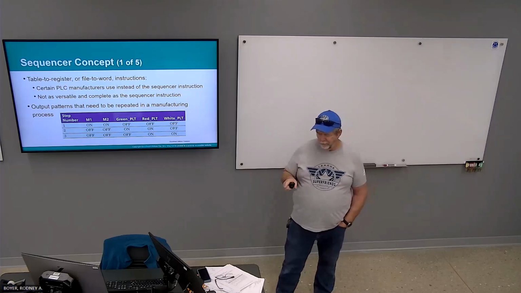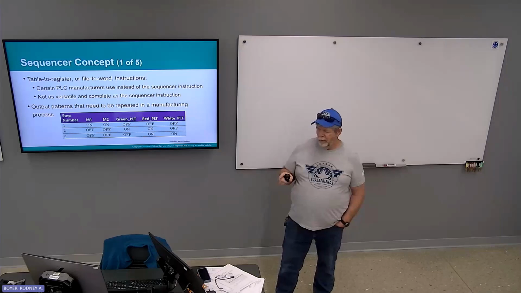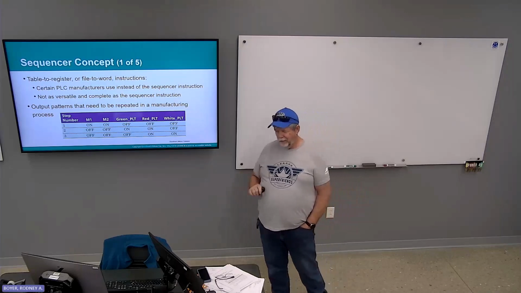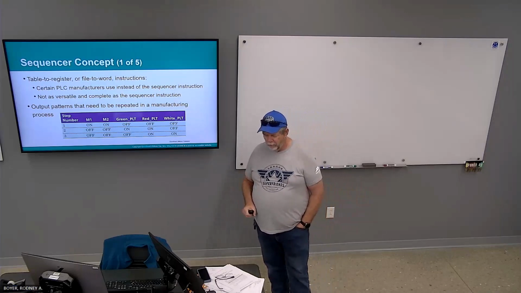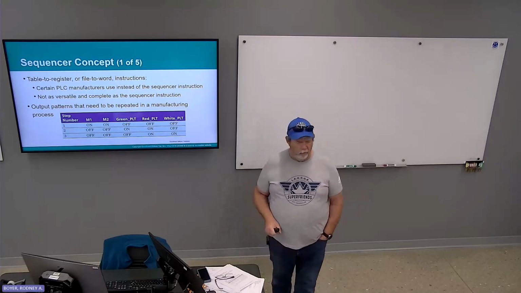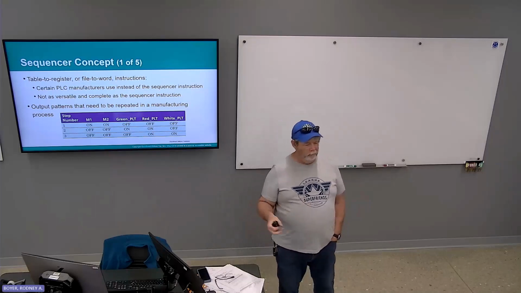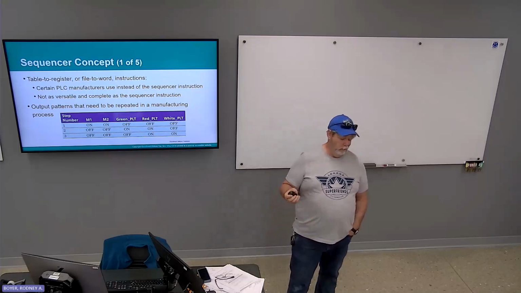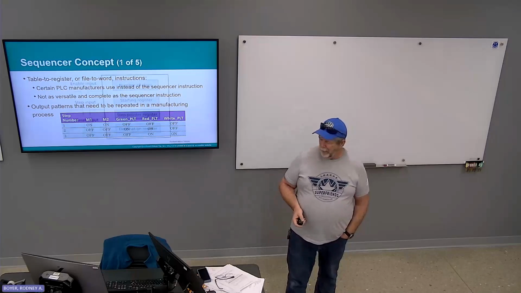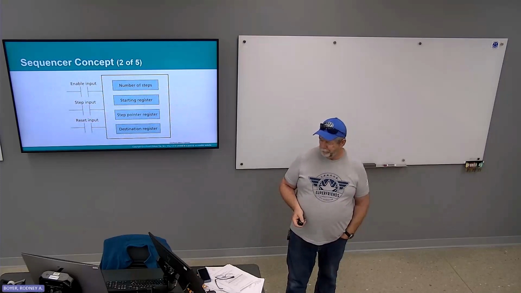Step 3, motor 1 and motor 2 stay off, green pilot turns off, red pilot stays on, white pilot turns on. Why you would want to control light bulbs with a sequencer is beyond me, but whatever.